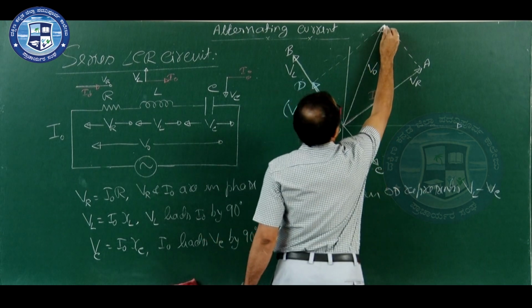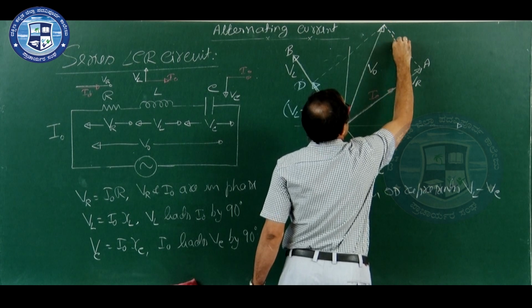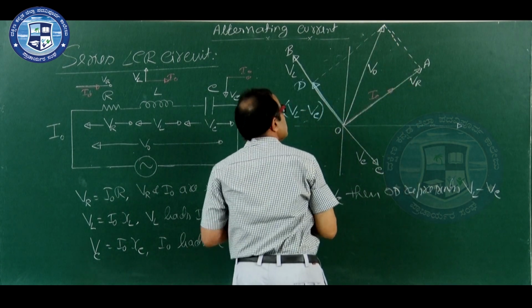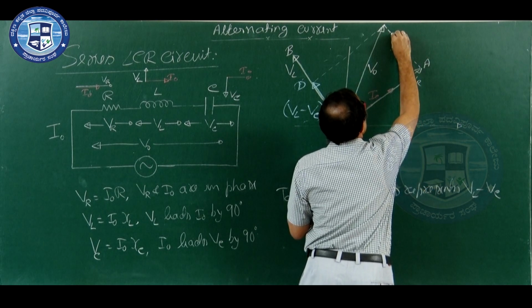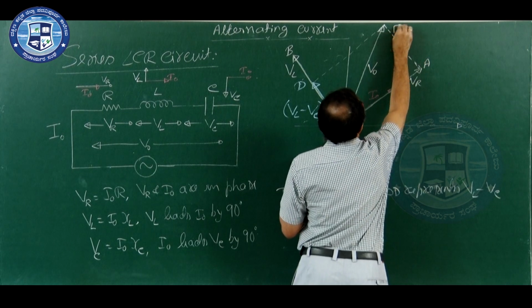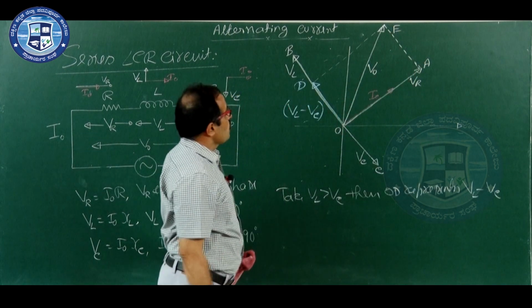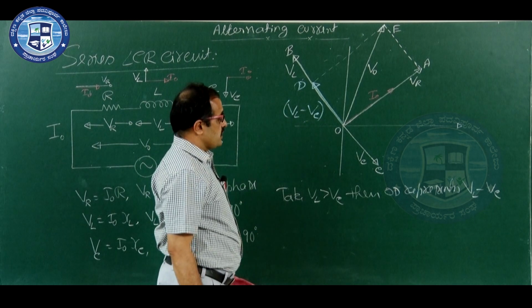Let us say it is the point E. Therefore, OE represents the sum of all the 3 vectors. Okay.